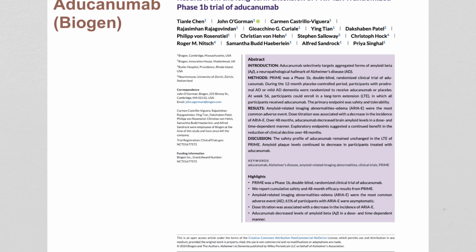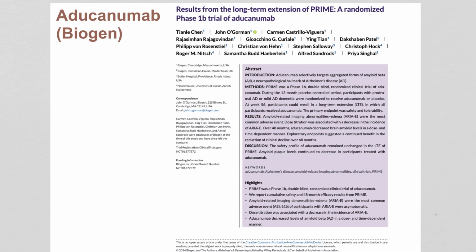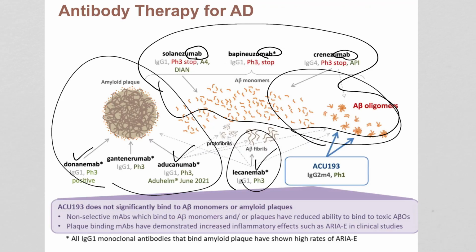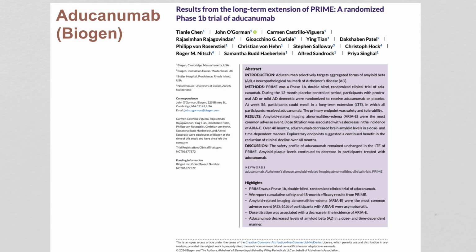Aducanumab is one of the antibodies produced by Biogen, and if you circle back and notice, its major binding is to plaques, but these lighter gray arrows are showing that it does have some affinity for fibrils and oligomers as well.